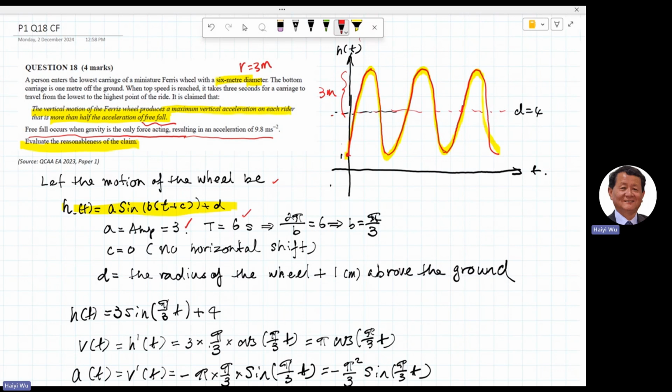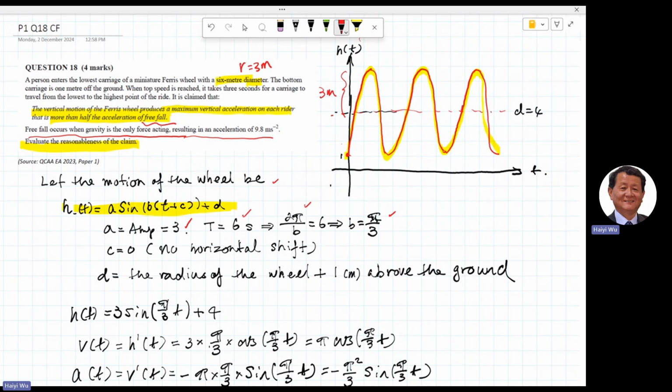Therefore, I can work out B. Using the period formula equal to 6, B is pi over 3. Now what's C? Because there is no horizontal shift, C is 0.